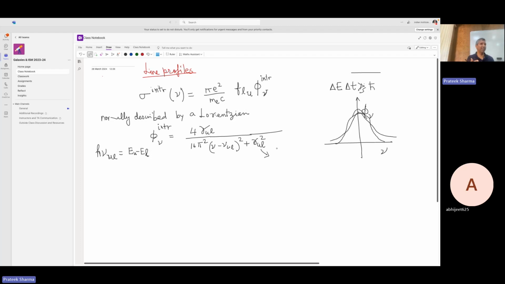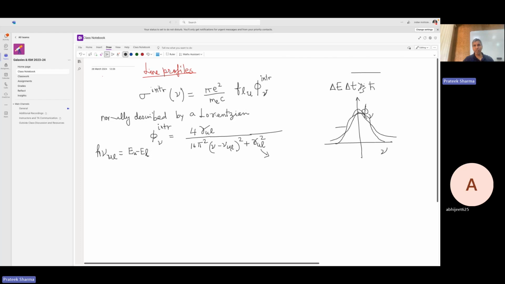You get a response function which is Lorentzian. For a damped harmonic oscillator, you get a Lorentzian as a frequency response. That's how you justify it. And this gamma quantifies the width.